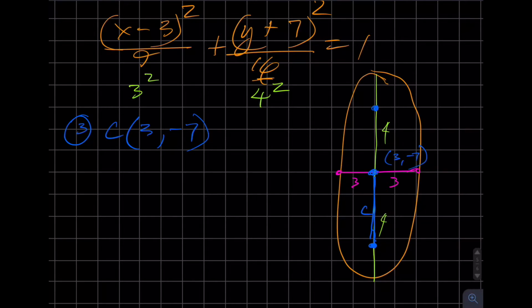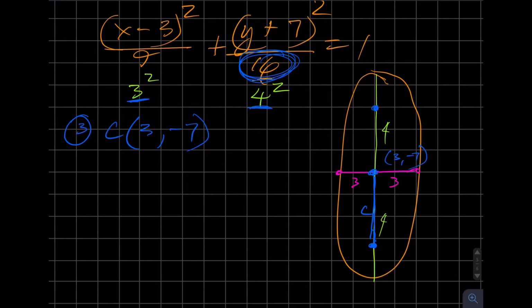When I talk to you about these values being a and b, or b and a, depending on which one's longer, I just simply do not think of it that way. I think of one as some number squared, the other as some number squared. Whichever number is larger tells me whether it's vertical, if it's under the y squared term, or horizontal, if it's under the x squared term.